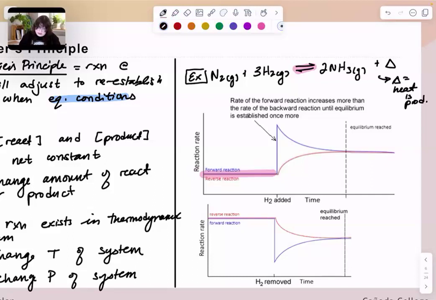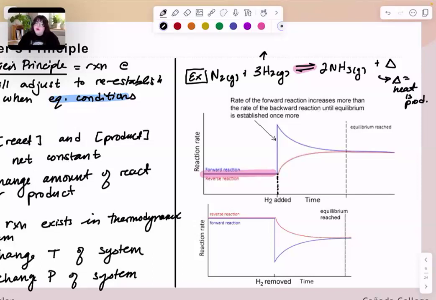So now we've got this interesting time point during the reaction where hydrogen has been added. So we have increased the amount of hydrogen reactant that is in the system.